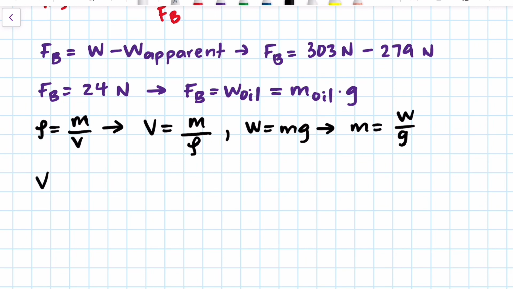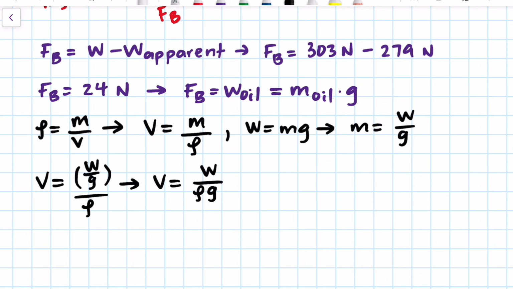So the volume of the object, which happens to be the volume of the oil too, is equal to this equation. This is a fraction over a whole number. We can clean that up very easily. So now we have that the volume is equal to the weight divided by the density of the object times the acceleration of gravity. Okay.